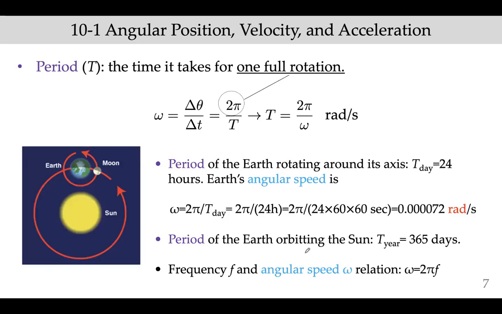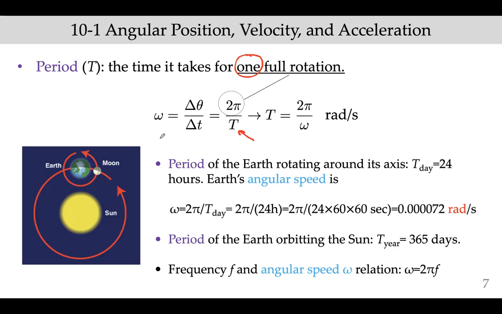Now, the other related concept is period. Period means the time it takes for one full rotation. You have to pay attention here. Delta t can in general be anything, right? It can make 5 rotations, half rotations, 100 rotations. So delta t will depend on that. But if we are talking about only one full rotation, 2 pi, then the time for that will be the period.